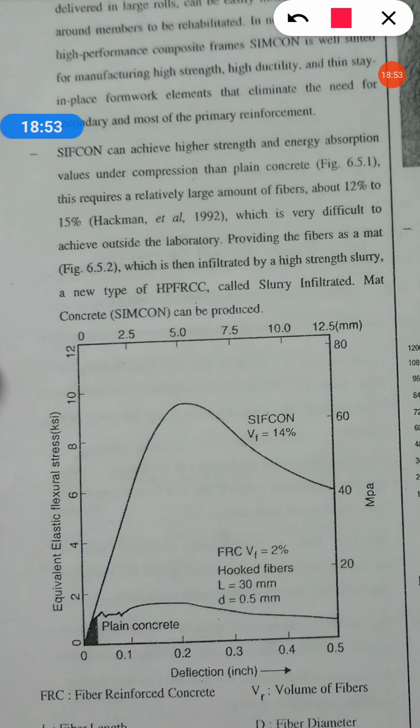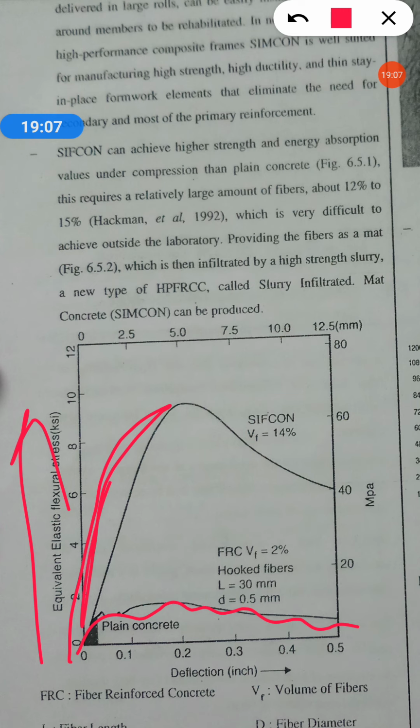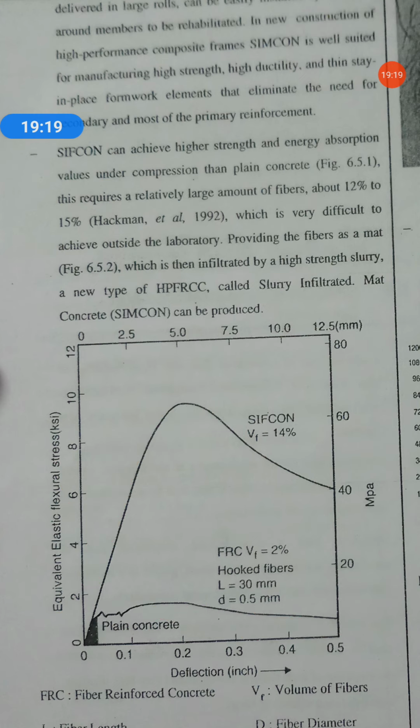So this is the graph of plain concrete versus Simcon. See here, plain concrete results, and these are the stresses. Simcon is taking so much stress, and here plain concrete gets down. So this is all about the graph, plain concrete versus this one.